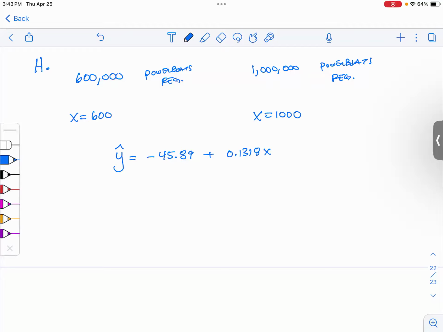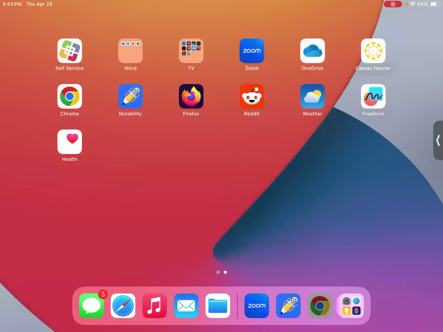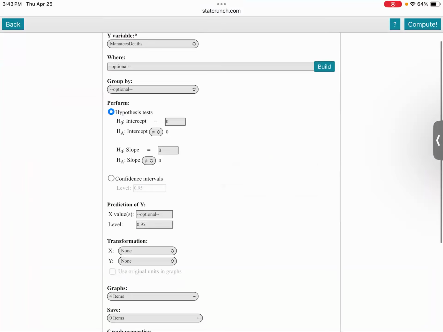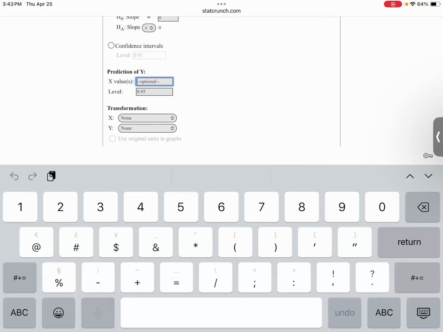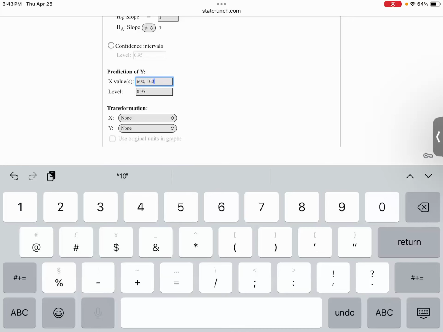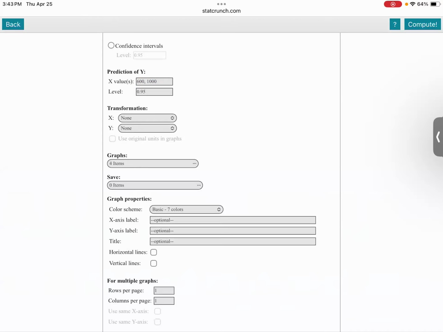And then it's just a matter of putting that X in, but again, StatCrunch runs through these calculations for us in a flash. Options, edit, prediction of Y. So I put in the value 600, and it can even do multiple values at a time. So 600, and then you just separate it by a comma, and then I can hit compute.